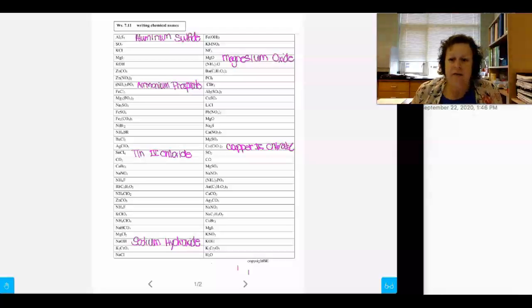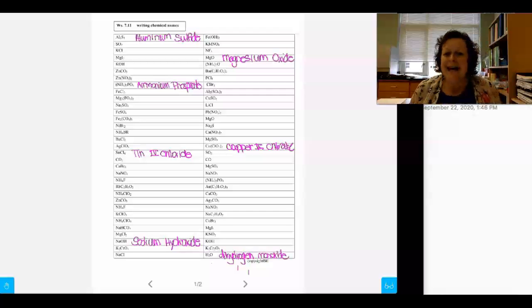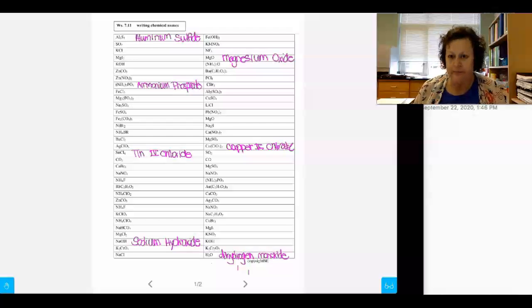H2O. If you put water, it's wrong. Dihydrogen monoxide. Dihydrogen monoxide. So us chemists, we're funny about our water. We like dihydrogen monoxide instead of water.